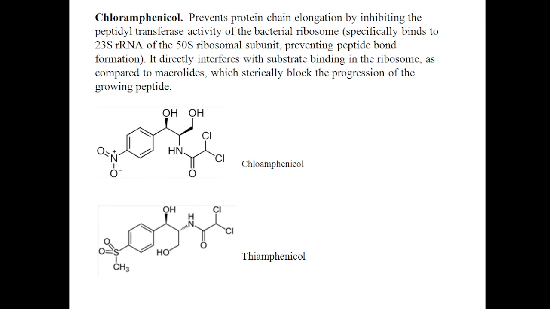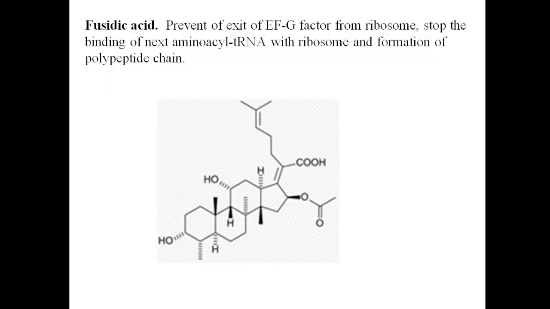All of these influence synthesis of bacterial, prokaryotic synthesis, and have an effect on the eukaryotic organism against the prokaryotic. Fusidic acid prevents exit of the factor from the ribosome, again leading to blocking of elongation.